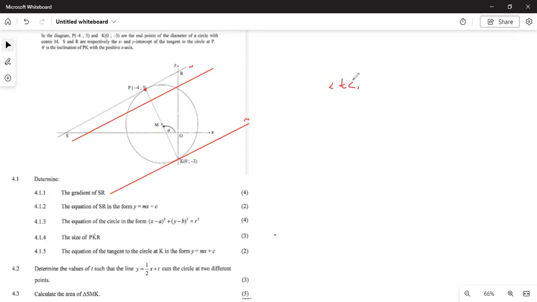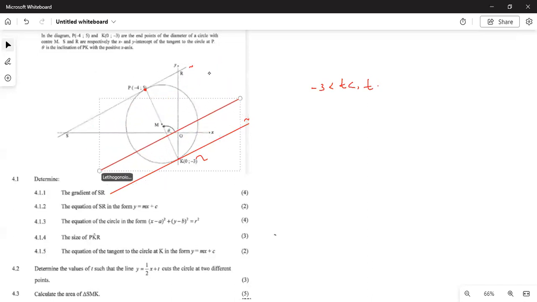So we can see that t must be in between -3 for the K graph and 7 for the P graph. So if it's in between those values, it will cross our circle graph at 2 points to be exact.